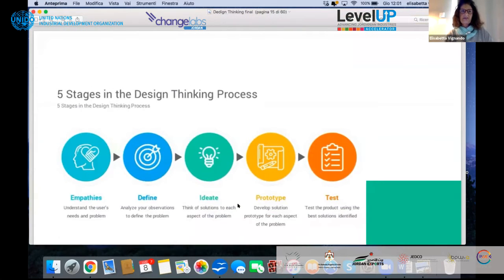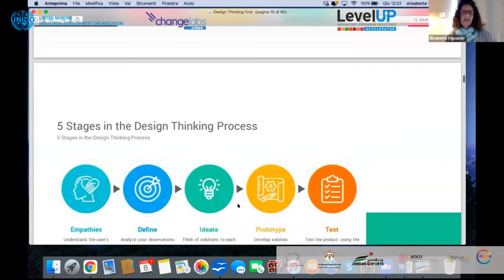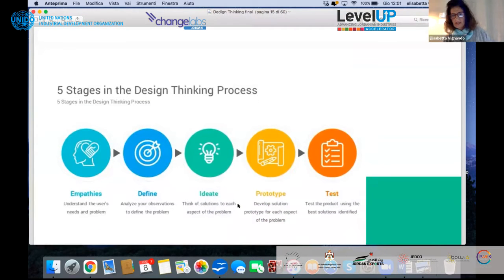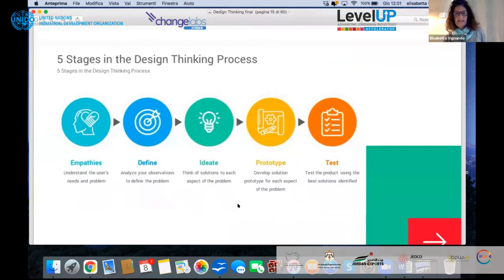So the key element is that it's people-centered, highly creative, interactive, and hands-on. So these are the 5 stages of a design thinking project: empathize, define, ideate, prototype, and test. Empathize, this is the first step. Every company, every person that really wants to approach a design thinking project has to understand the user need and the problem.